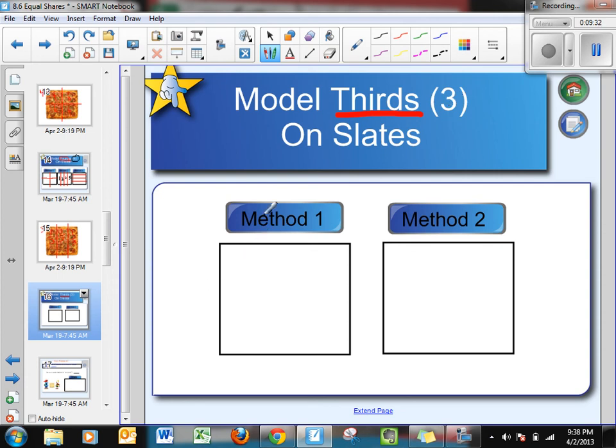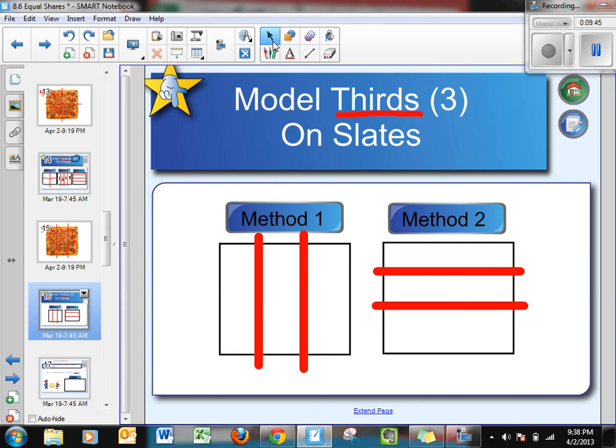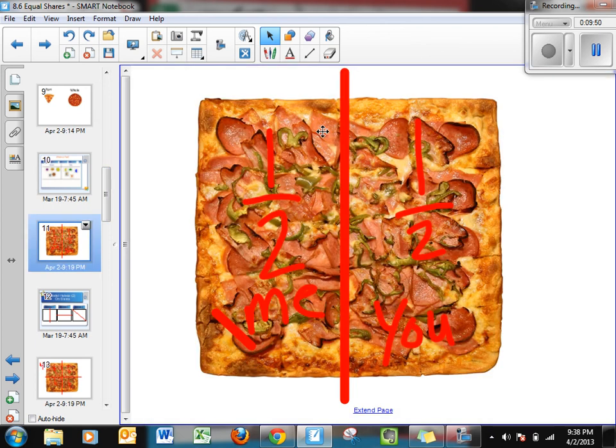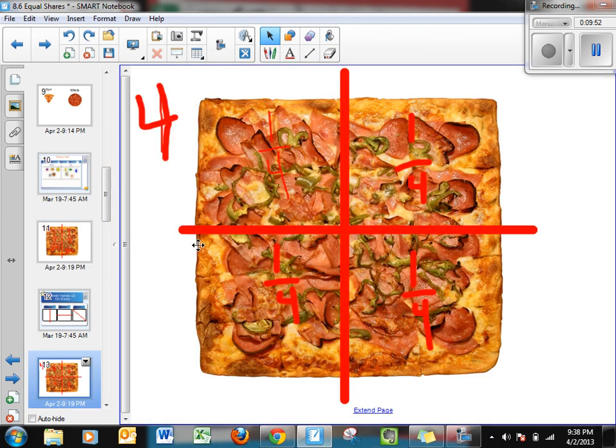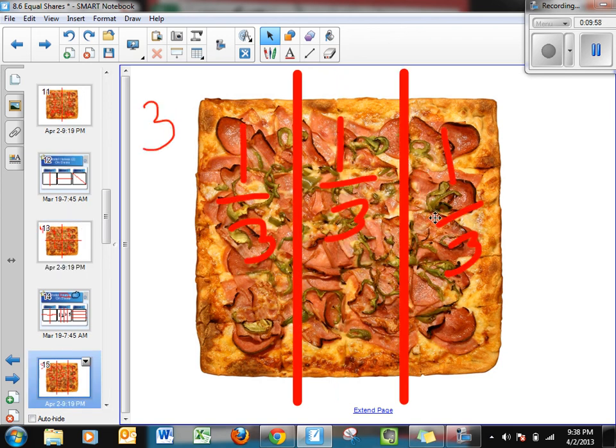So again, a way to make this would be to go up and down with 2 lines so that it gives me 3, or I could also go side to side to make 3 pieces. So again, just to review really quick, halves, 2 pieces, fourths, 4 equal pieces, and then lastly, thirds would be 3 equal pieces.